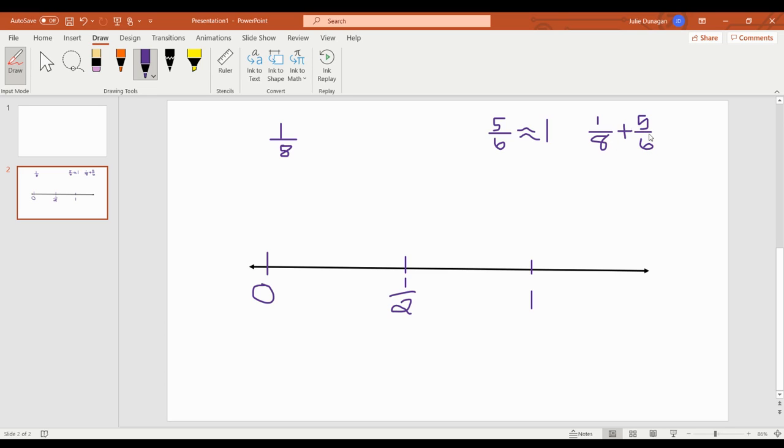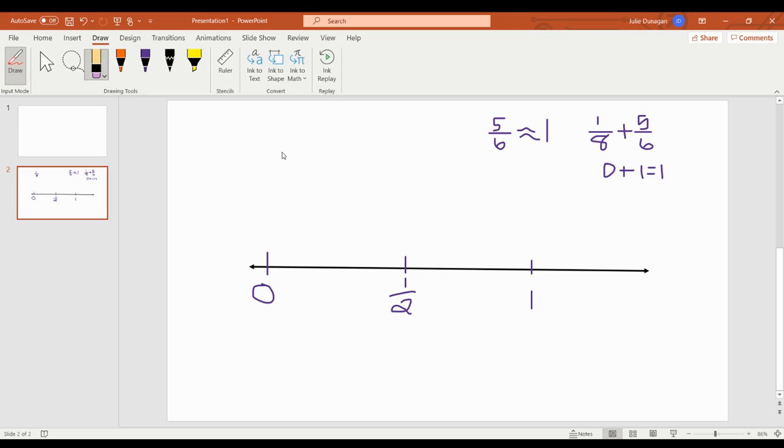So if we were going to estimate, we would say, well, 1/8 is closest to 0. 5/6 is closest to 1. So 1/8 and 5/6 are about 1 whole. Okay, that's when we're estimating. We don't need an exact number.